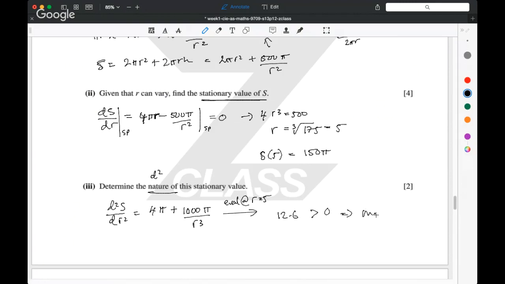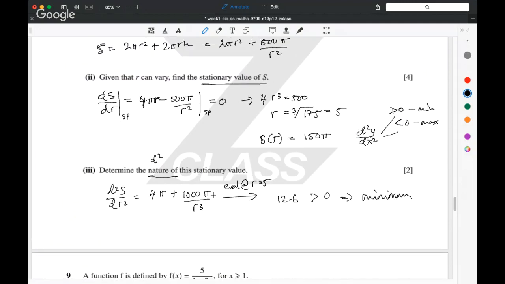Therefore, this is a minimum. So remember the rules. If d squared y dx squared is greater than 0, this is a minimum. If it's less than 0, it's a maximum.